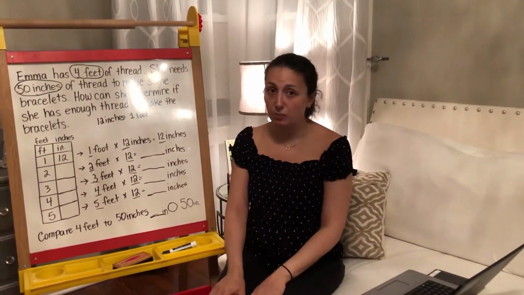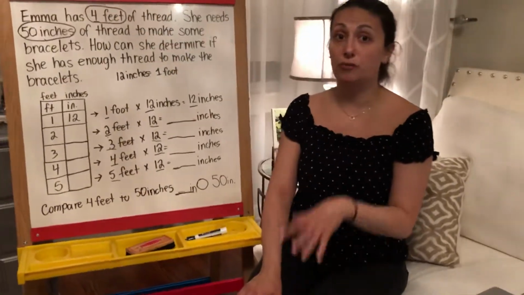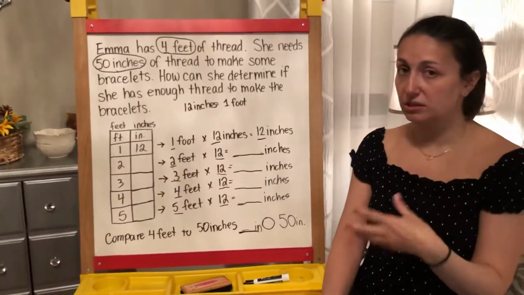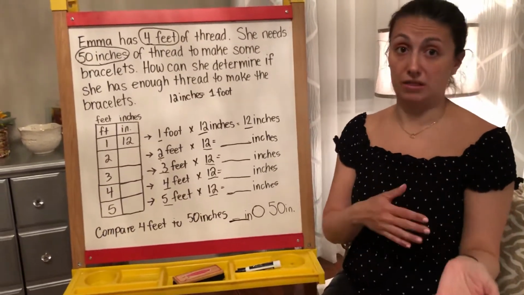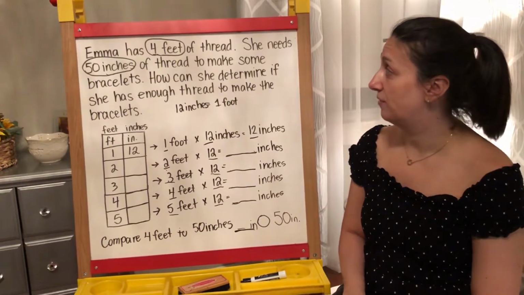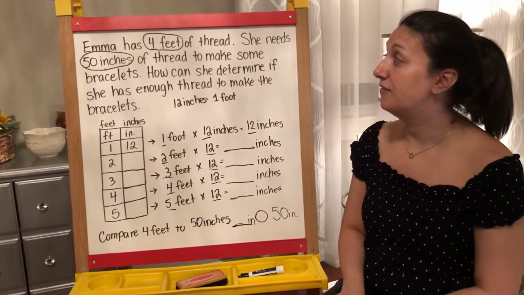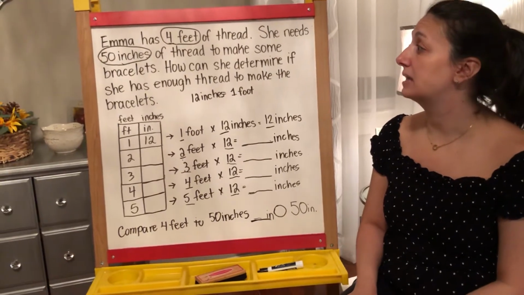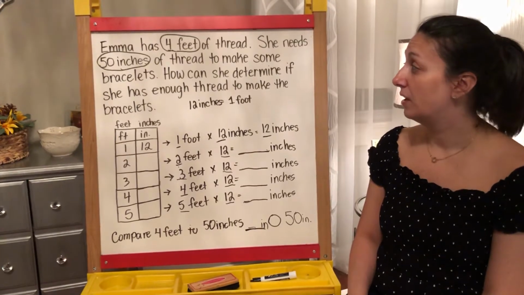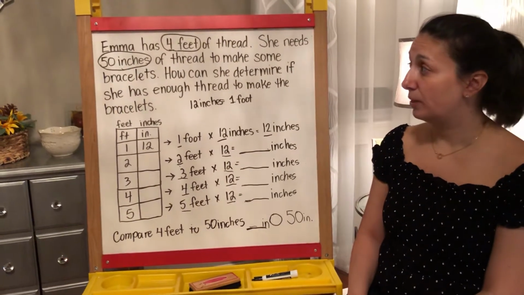We're going to look at a word problem and learn how we can go from one unit of measurement, inches or feet or yards, to another. Let's look at this problem. Emma has 4 feet of thread. She needs 50 inches of thread to make some bracelets. How can she determine if she has enough thread to make the bracelets?